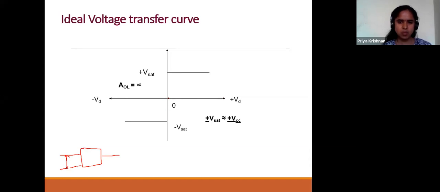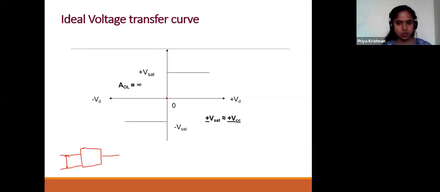If there is a small change in my VD, my output goes to saturation. Vsat is the saturation. V1 is equal to 2 volts, V2 is equal to 1 volt, VD is equal to 1 volt.